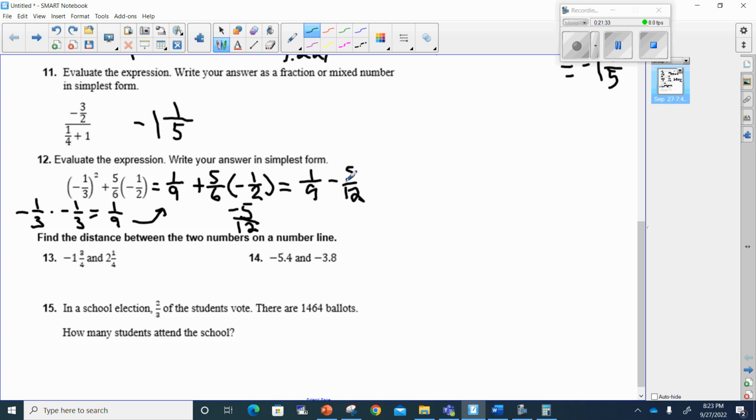All right, now I have a subtraction problem with fractions. I need my denominator to be the same to solve this. Let's see, if I multiply this 2, nope, that'll give me 24. That doesn't work. If I multiply this to 3, it gets 36. That does work. So I'm going to use the denominator, 36.